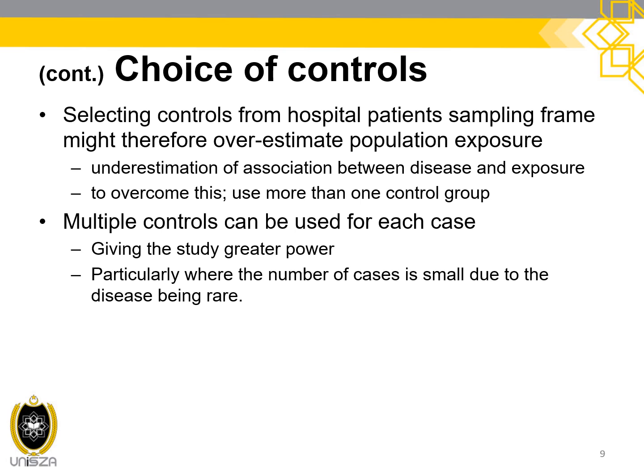Multiple controls can be used for each case, and this will give the study greater power. It is particularly important where the number of cases is small due to the disease being rare.